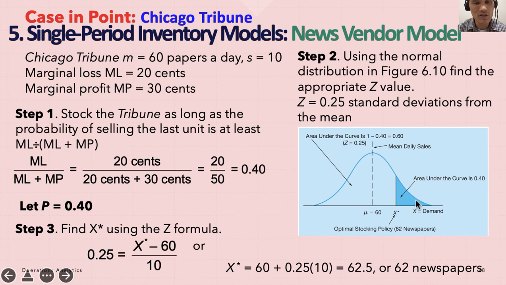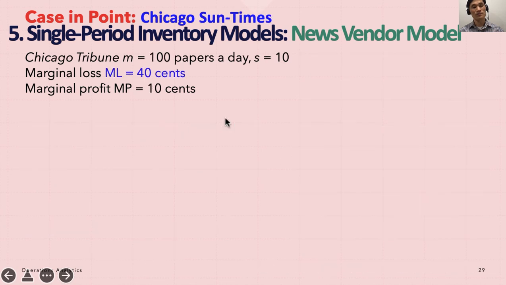So say z is minus 0.25 when area under the curve is 0.40, and to find that x star, you put 0.25 equals x star minus 60 over 10, and if you solve for it, x star is going to be 60 plus 0.25 times 10, and it gives you 62.5, or about 62 newspapers, or it could be 63 newspapers too, right? So that's how you can solve this question.